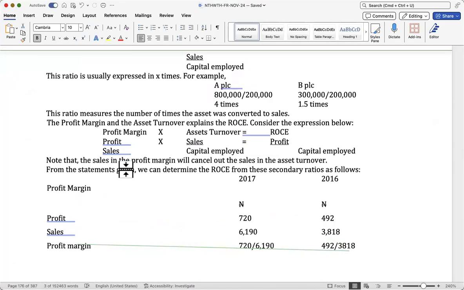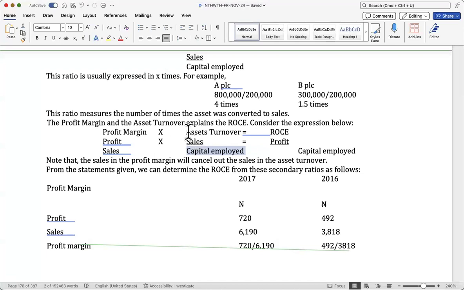This profit margin and asset turnover will give you ROCE. Your profit margin is profit over sales, the amount of profit you make on every sale, and your asset turnover is your sales all upon your capital employed.